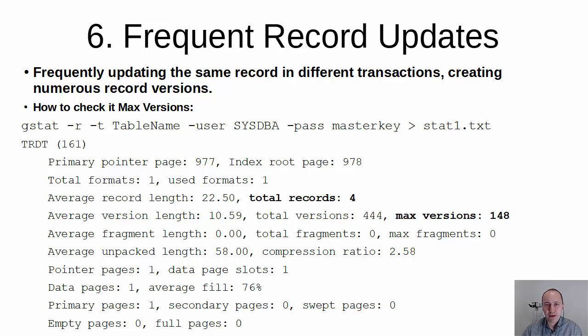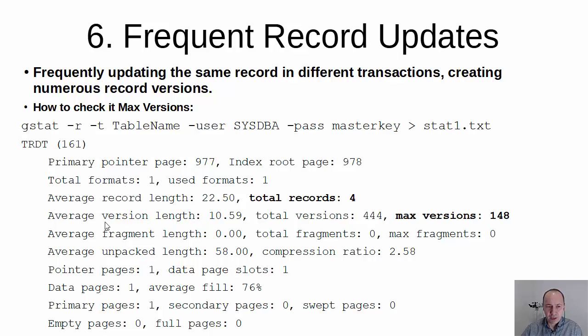What do we mean by many record versions? If you have a database, I guess you have, you can check with the gstat command statistics specifically for some table. Here we have a good example of the following situation. We have a table, and you can see that this table contains 4 records. So, a table with 4 records.